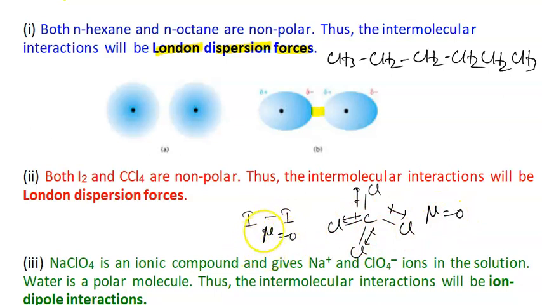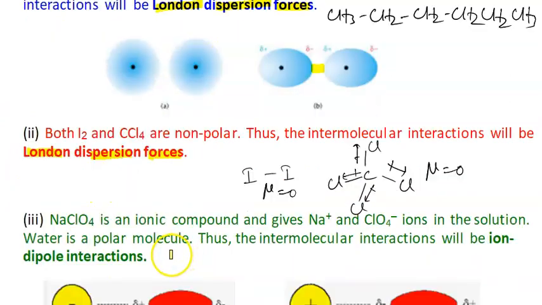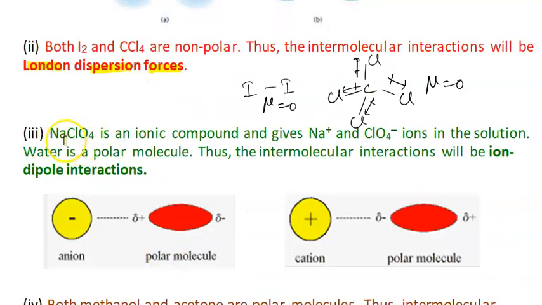Here also the dipole moment equals 0, because the electronegativities of the two iodine atoms are the same. Therefore, this is also non-polar. As in the previous example, the force of attraction between two non-polar molecules is always London dispersion force. Since iodine and carbon tetrachloride are both non-polar, the force between them is also London dispersion forces.